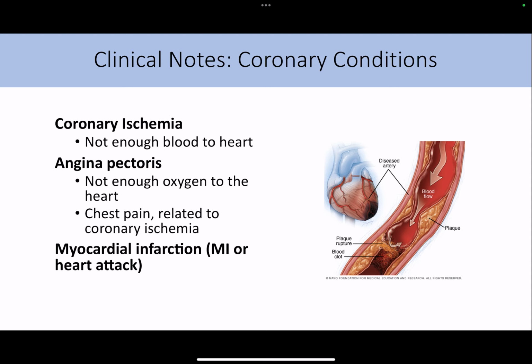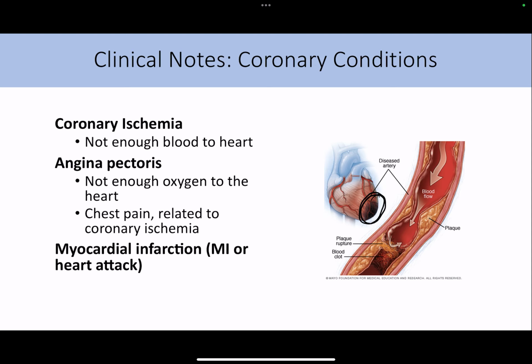And remember, although it's commonly called a heart attack, you need to refer to it as a myocardial infarction on an exam. But you can see here, part of the heart dies when that happens. When you have coronary ischemia that's bad enough that you're lacking oxygen to the heart, those cells die. They lack that ATP and you experience a heart attack.